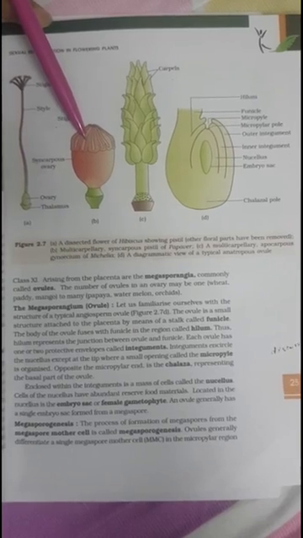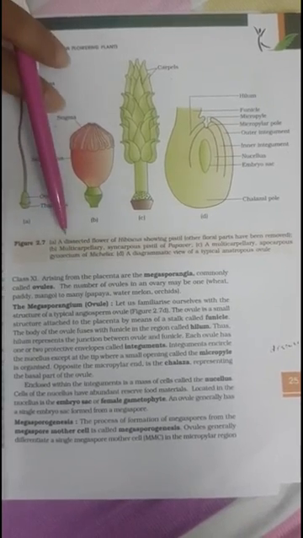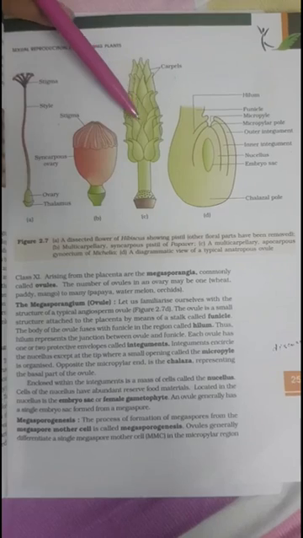As you can see here, given in your book, the first one is showing the hibiscus flower having a single pistil. The second two conditions are showing the multicarpellary condition, in which more than one pistil is present.